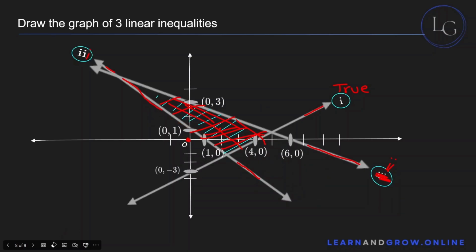This triangle, everything within this triangle, which is basically this area over here, is part of the solution set because it is the coinciding area of all three solutions.